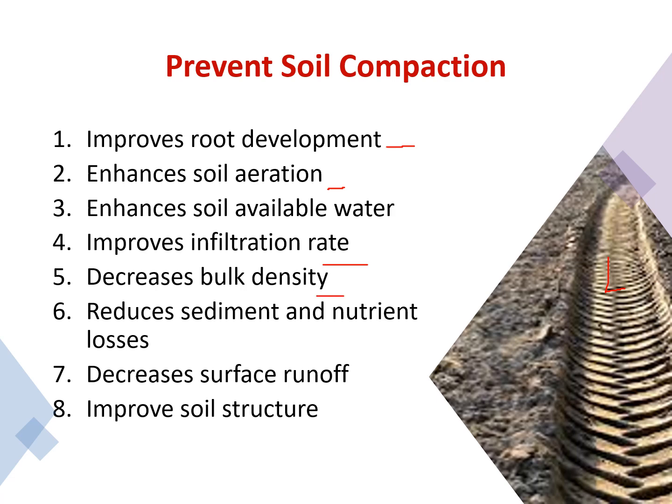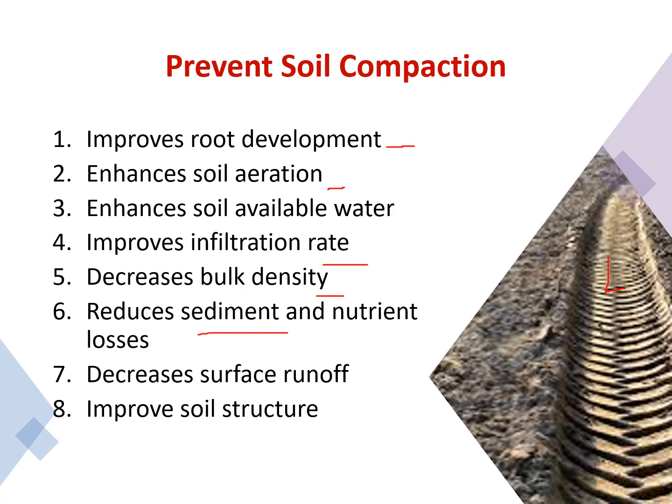We will decrease the bulk density, because when the soil is not compacted, it has more volume, and the bulk density is mass divided by volume. So it means the bulk density will be reduced, and the reduced bulk density is better for agricultural crop production.